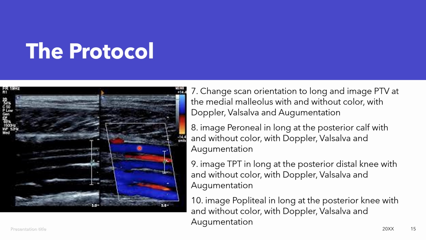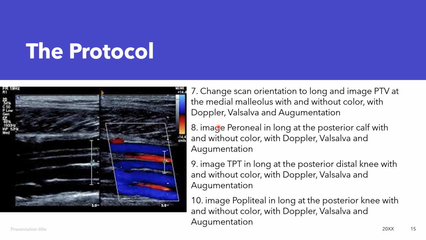And then once you've documented that, you would take the image and then you would have your patient Valsalva, and you would take that image and then you would have them augment and take that image. And you're going to repeat the same thing for all 4 of these vessels. And with that, you can follow them up from the distal up to the mid and then up to the proximal calf where you see them converging or anastomosing to create that tibioperoneal trunk.